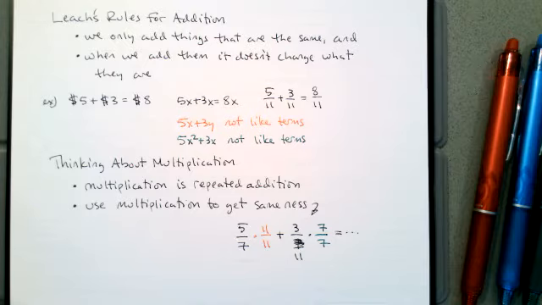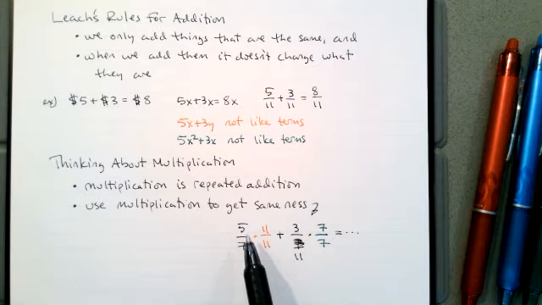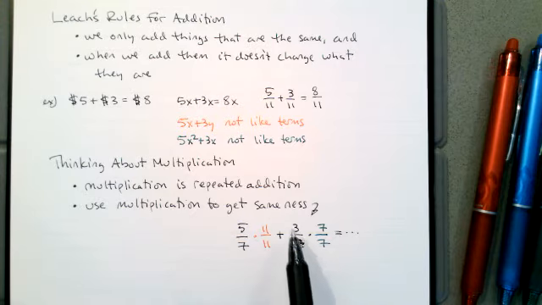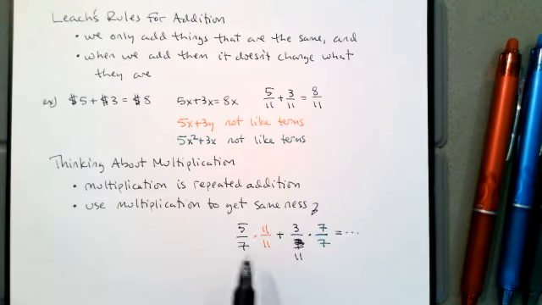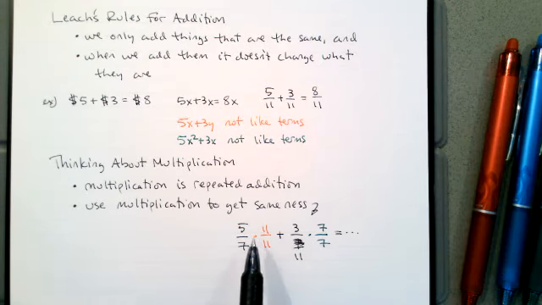Next, we started thinking about multiplication. And so we looked at an example, and I'm just going to jump into fractions again. I had asked you to add 5 7ths and 3 11ths. And what did we have to do to add those together? In this case, I couldn't add the 5 and the 3 because in terms of fractions, I had different denominators. And so I did not have the sameness. But in this case, we can use multiplication to get sameness.